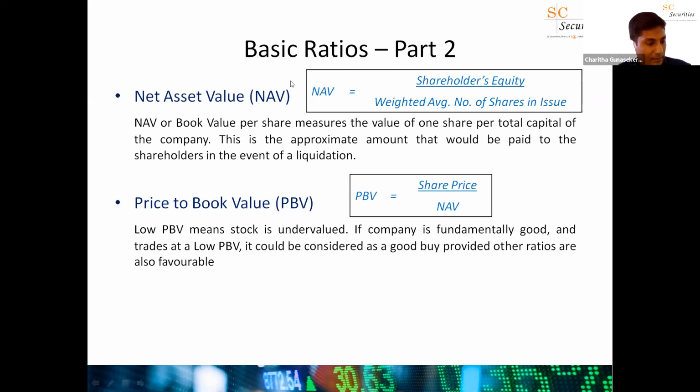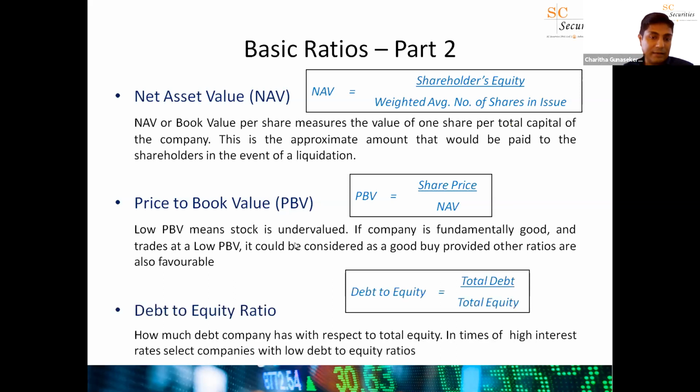I'm running a bit longer than scheduled, so I'll wind up with the last ratio, that is the debt to equity ratio. What you do is you divide your total debt by your total equity, right? Debt is basically borrowings. There are various ways of doing it, but for simplicity, you take all your interest bearing borrowings and calculate that as a percentage of your total equity.